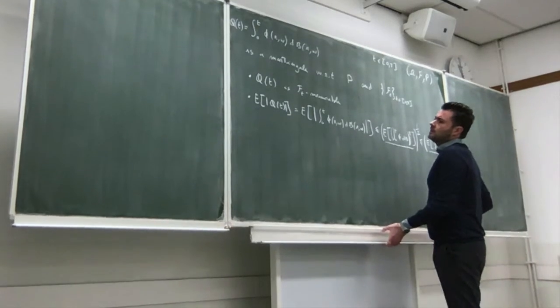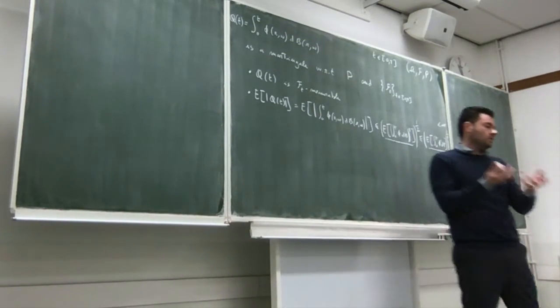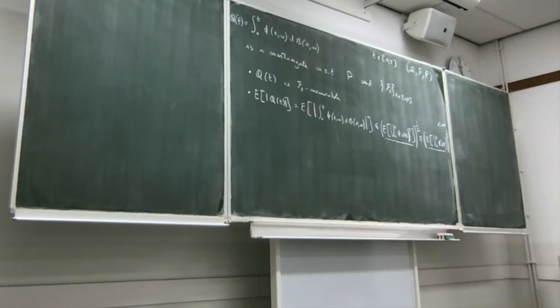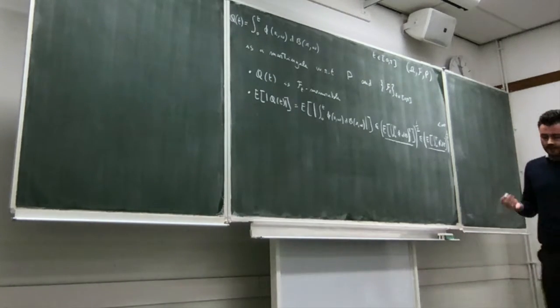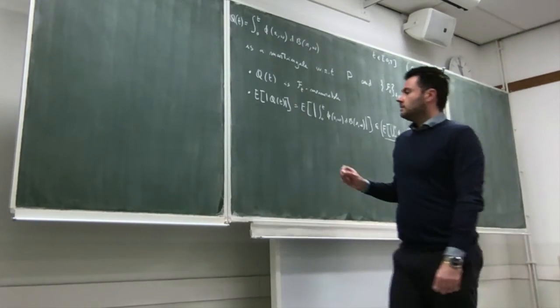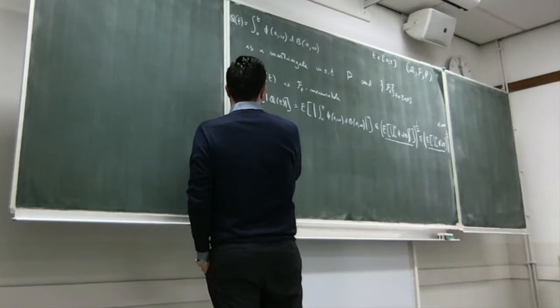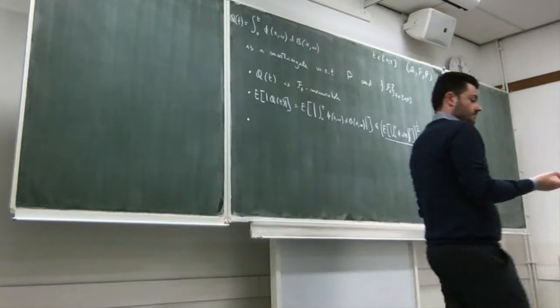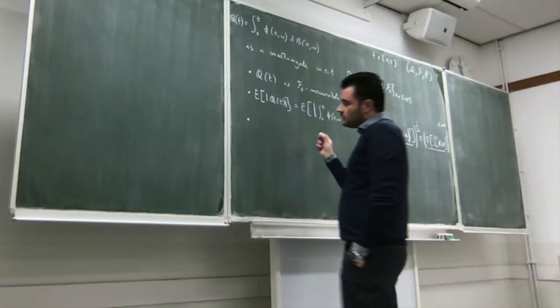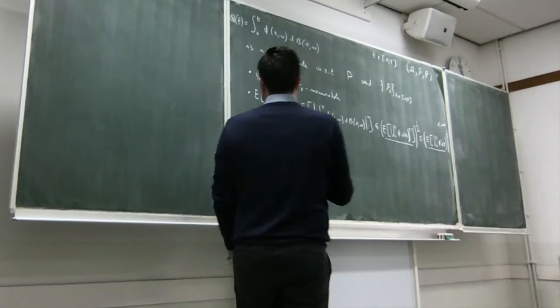Now, what we need to prove is the actual martingale property, the fact that we have the martingale. Take our usual partition, okay? And just add a small detail.